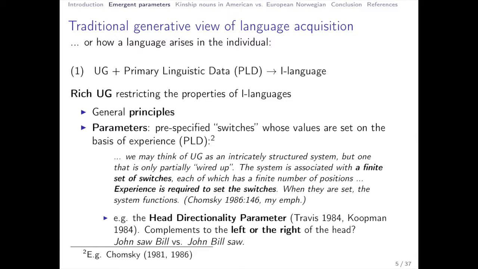This is the head-final structure, where the head follows the complement, like Japanese does. This parameter would then also be valid for other types of heads, like adpositions. So if you have a head-initial language, you will tend to have prepositions, whereas if you have a head-final language, you will tend to have postpositions, where they follow the complement.